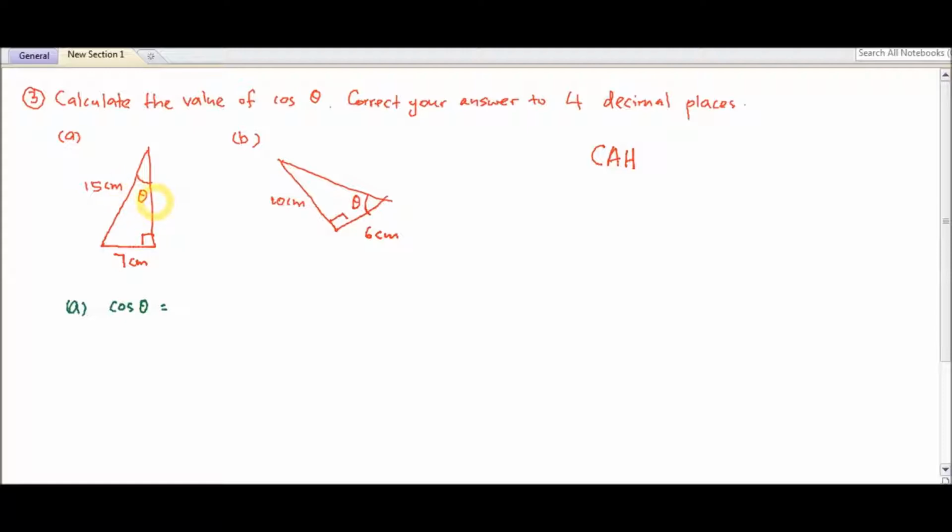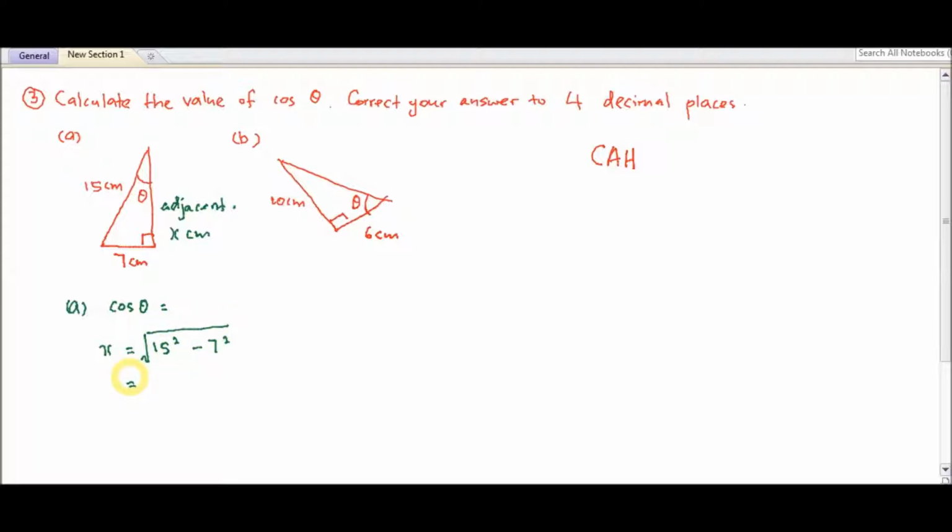The problem is now we don't have the adjacent side. Here will be the adjacent, but we don't have the value, so we need to use the Pythagorean theorem to get the length of the adjacent side, let it be x centimeters. x will be equal to the square root of 15 squared minus 7 squared.